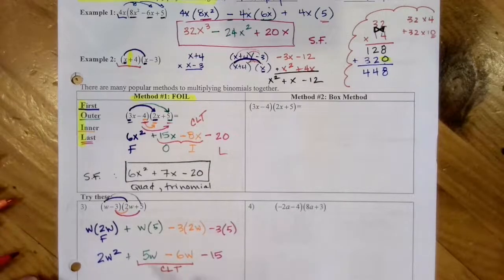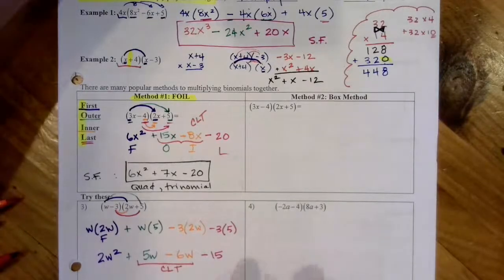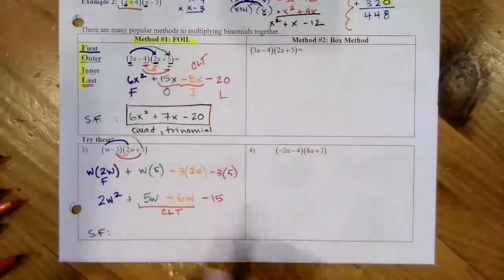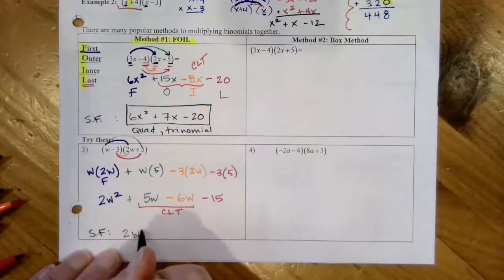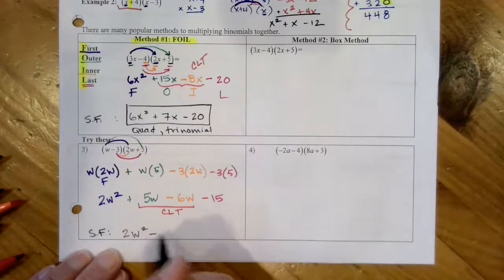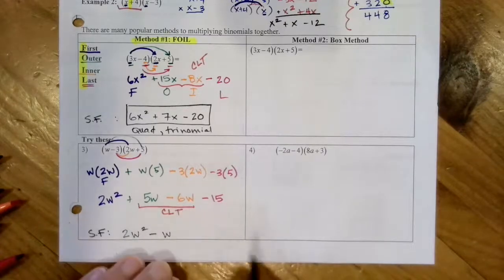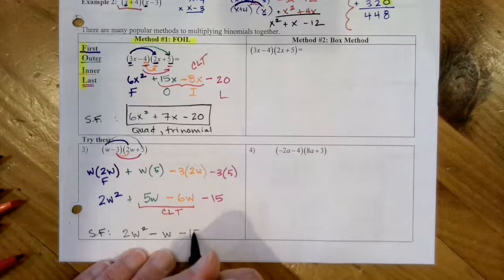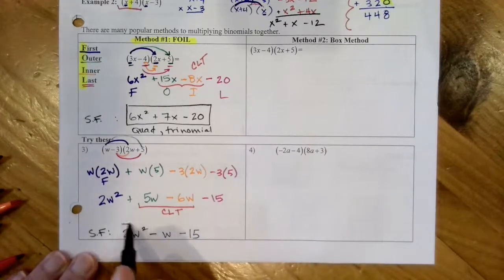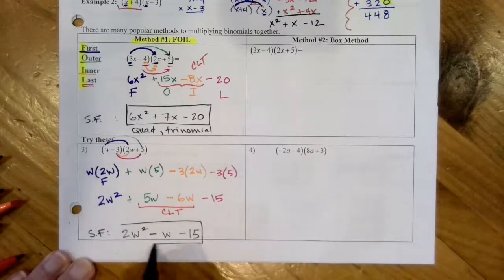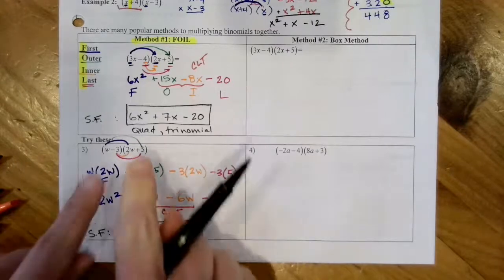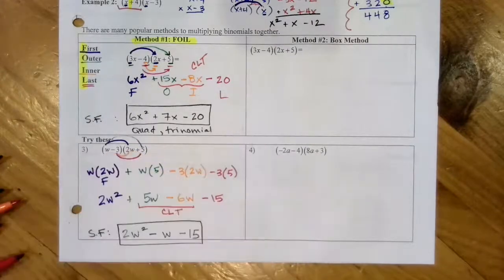So your final polynomial in standard form is going to be 2W squared minus 1W, because a positive 5 and a negative 6 is negative 1, minus 15. This quadratic trinomial is the product of these two linear binomials.